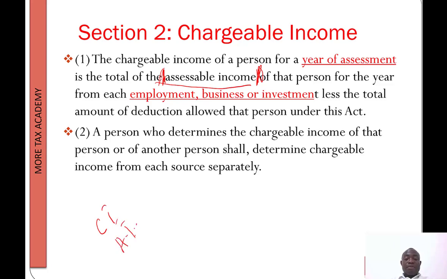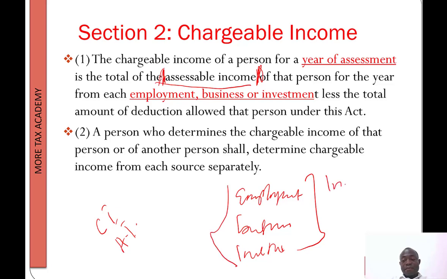That is the assessable income of that person for the year, from each employment, business or investment. So almost like two things have been introduced here when we're trying to understand what a chargeable income is. He's saying that your chargeable income is the total of your assessable income, and it must come from employment, from business, and from investment. So more or less, these are the sources of income.